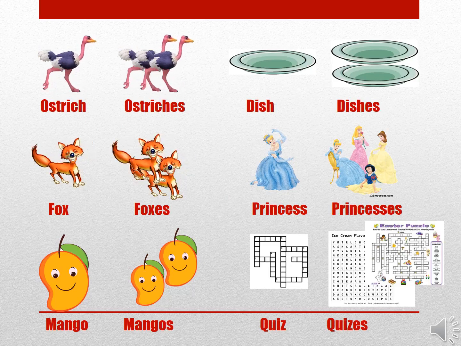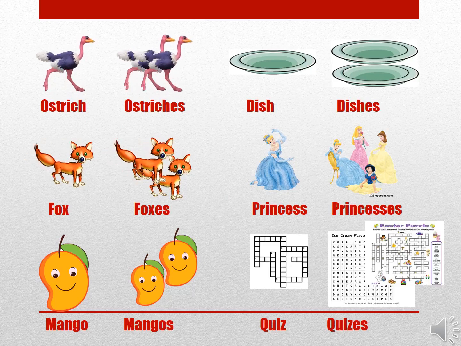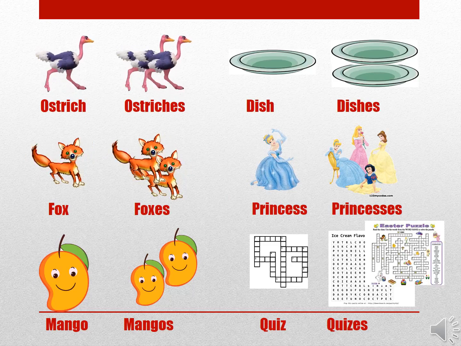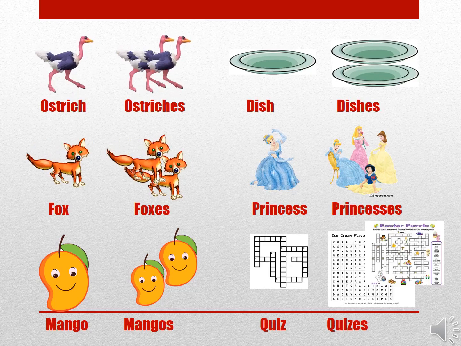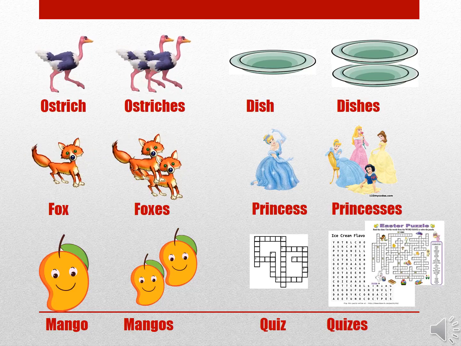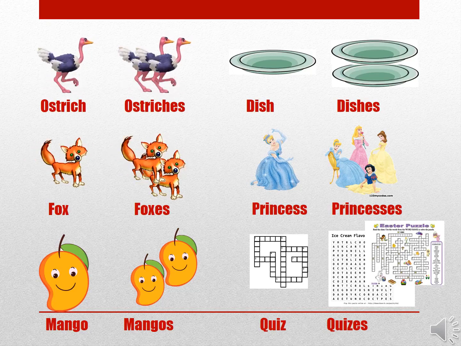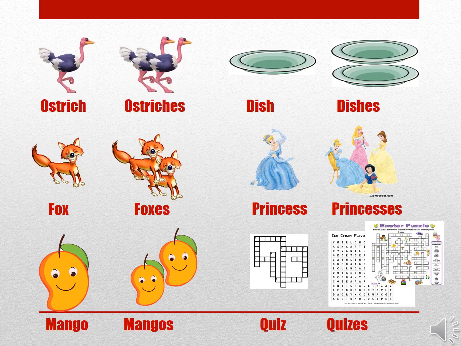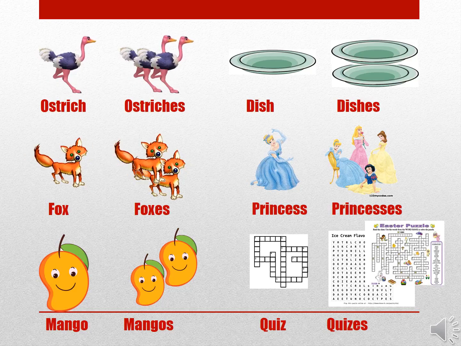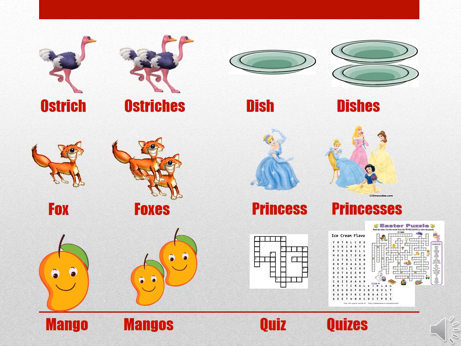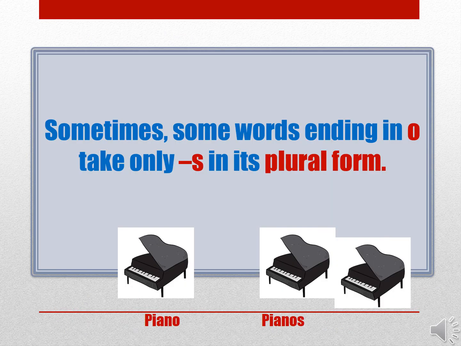For example, ostrich, ostriches, dish, dishes, fox, foxes, princess, princesses, mango, mangoes, quiz, quizzes. Sometimes some words ending in O take only S in its plural form. For example, piano, pianos.